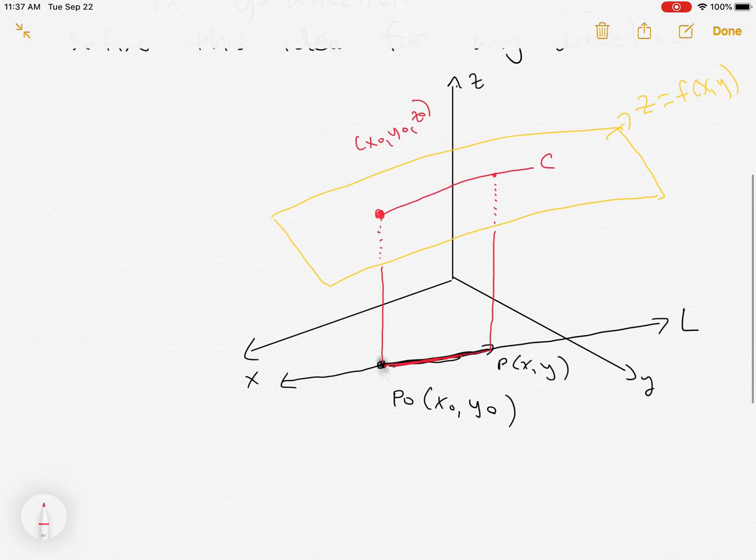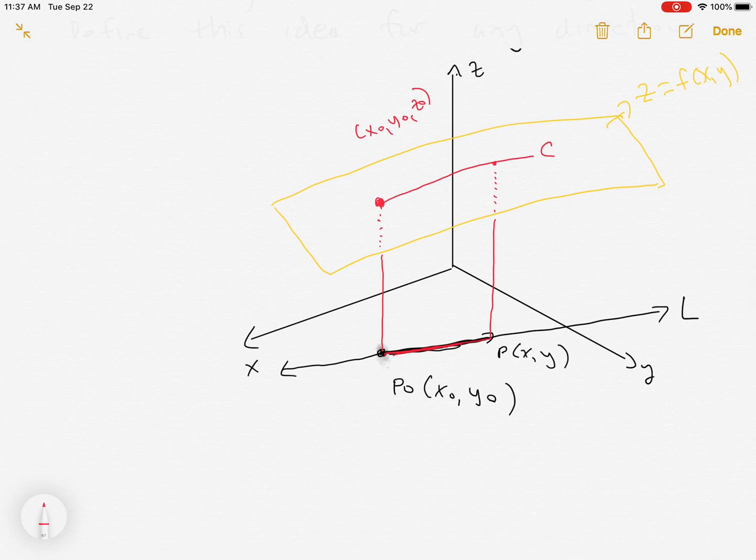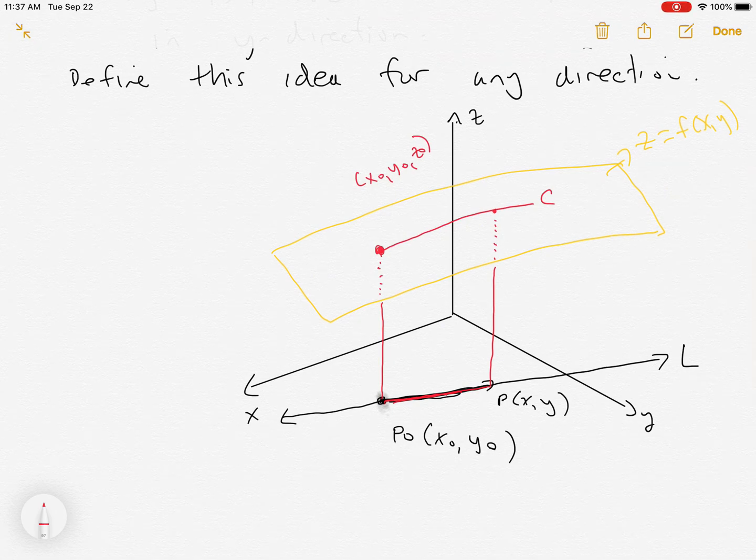And I want to keep this picture up here. We want to know the rate of change. We want to know dz ds, where s is this directed distance defined to be the norm of p naught p.